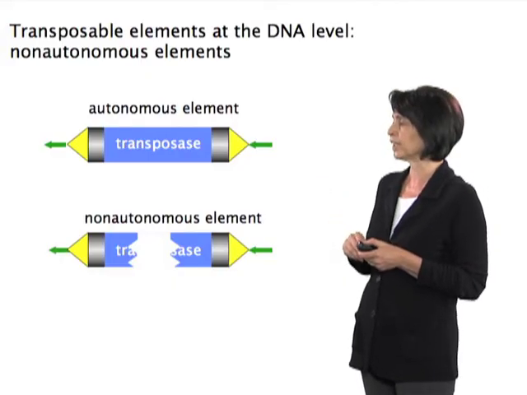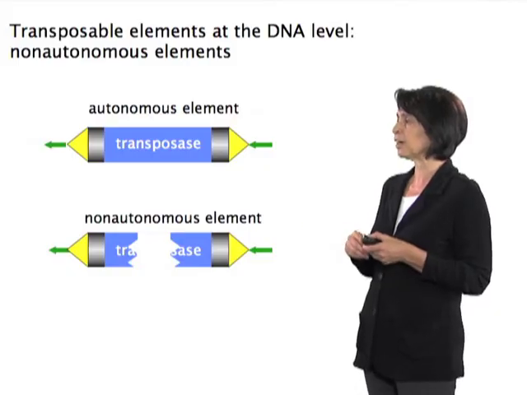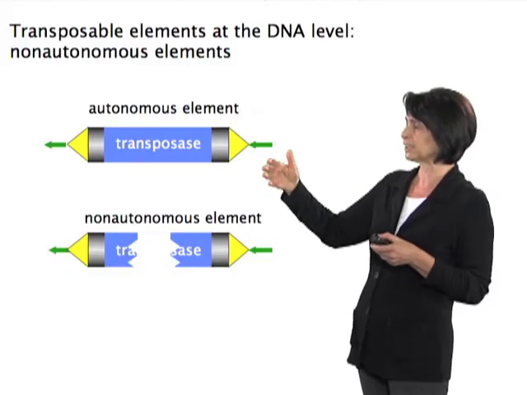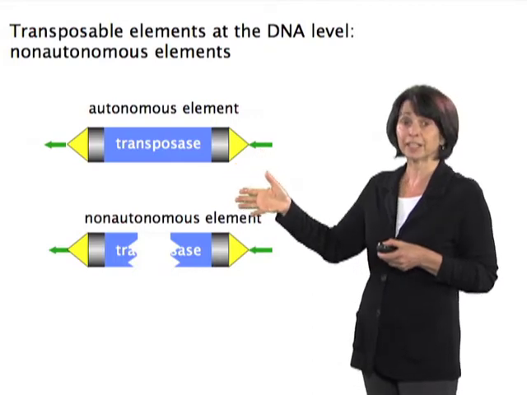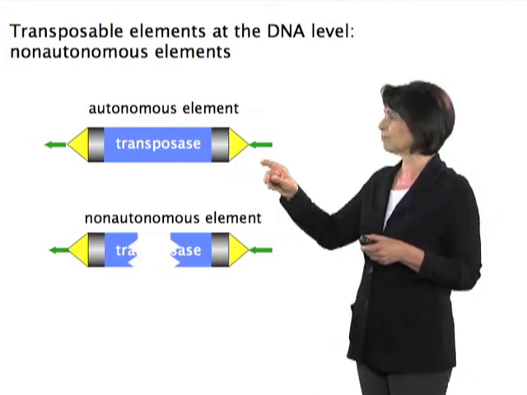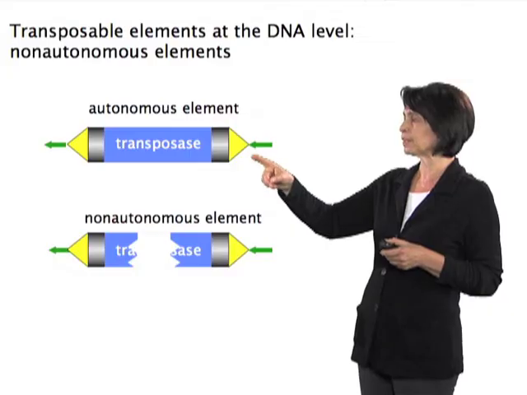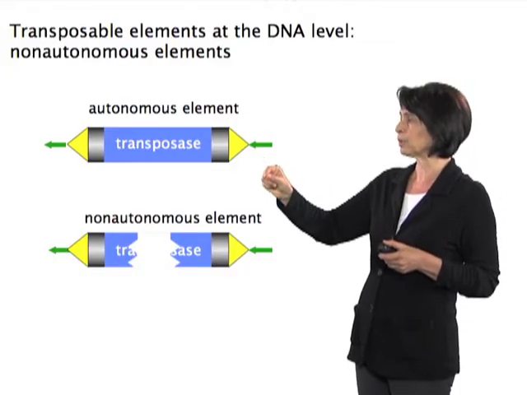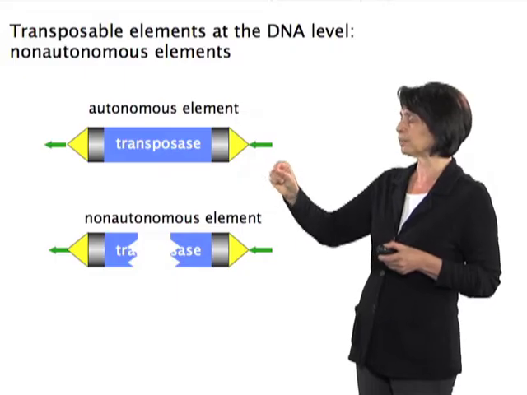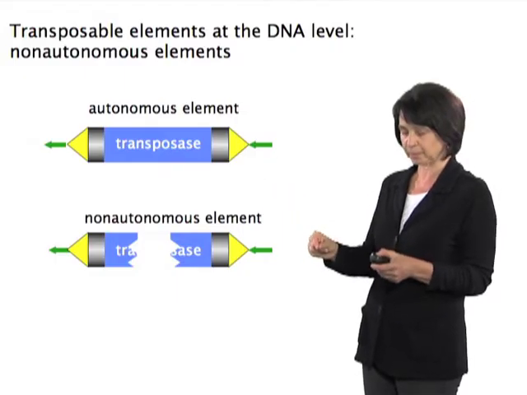What I've drawn here is a deletion that has been sustained, which prevents the non-autonomous element from making transposase. The transposase that's made by the autonomous element, as we'll see in a second, can influence the movement of both the autonomous element and the non-autonomous element.